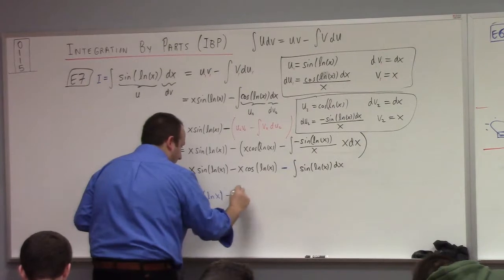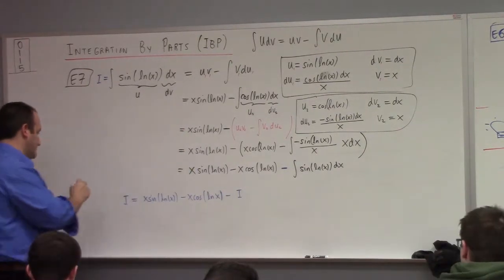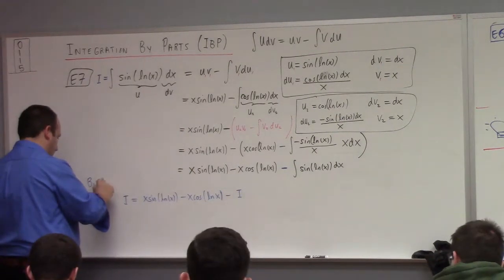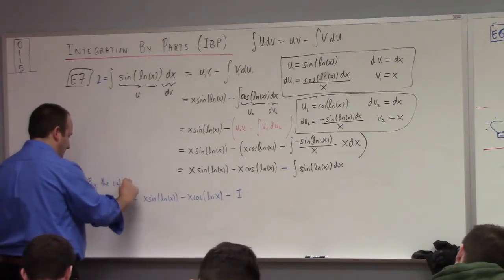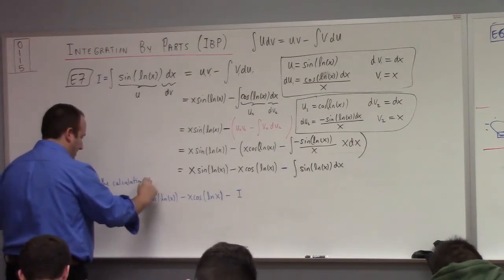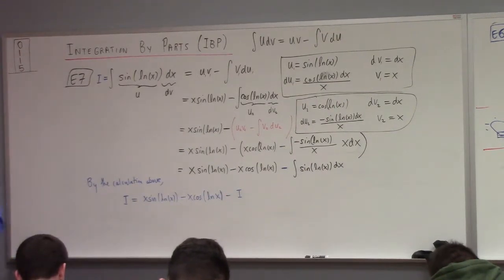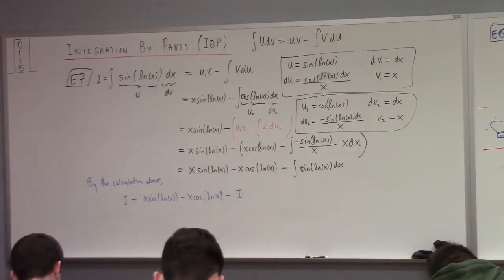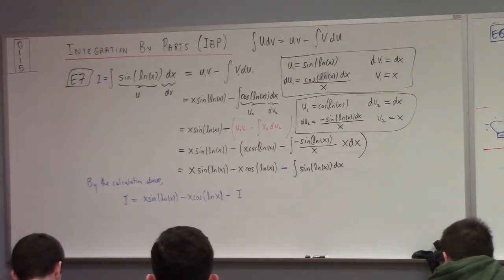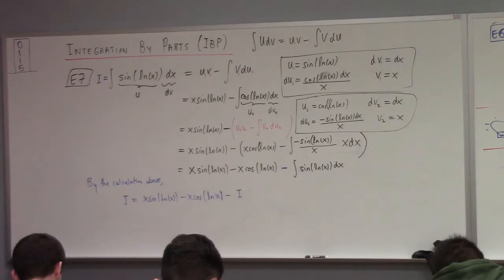Minus I, via the calculation above. What are we trying to find? Trying to find I. How do you solve for I in this equation?